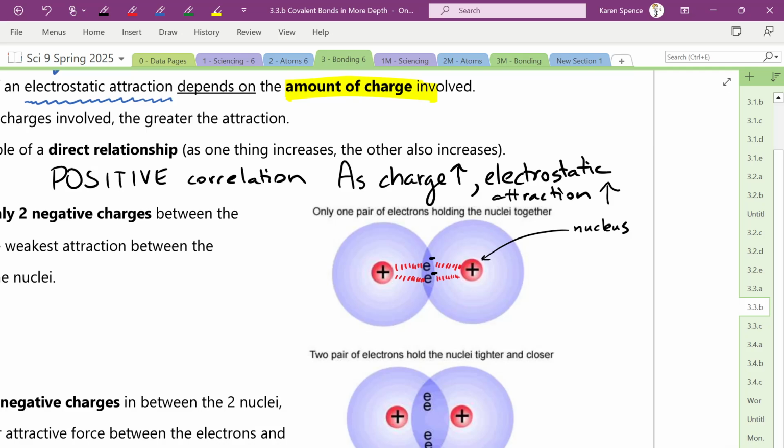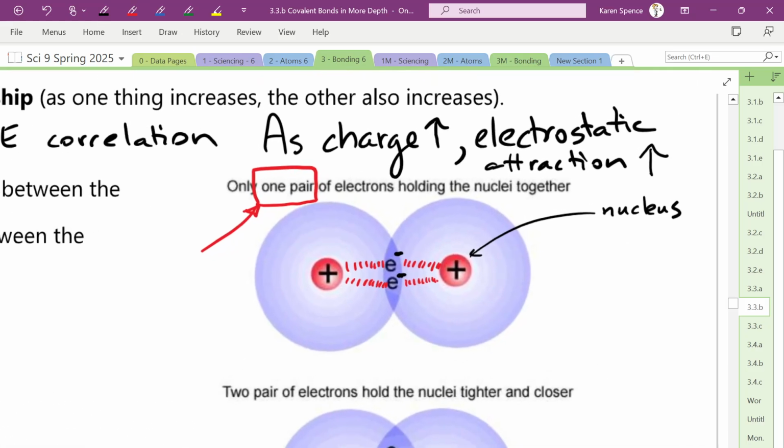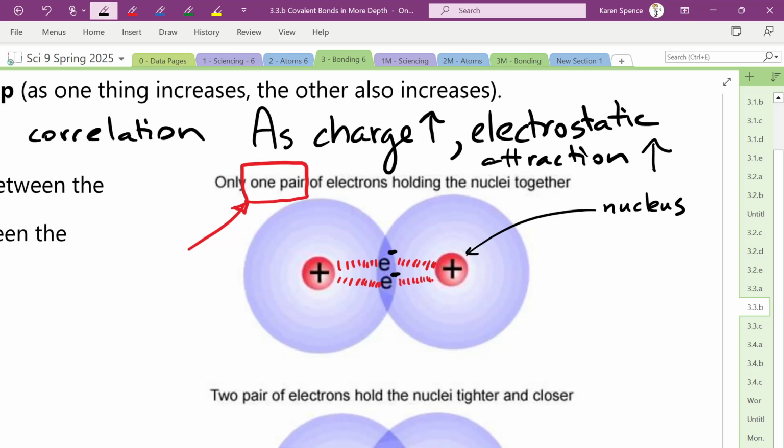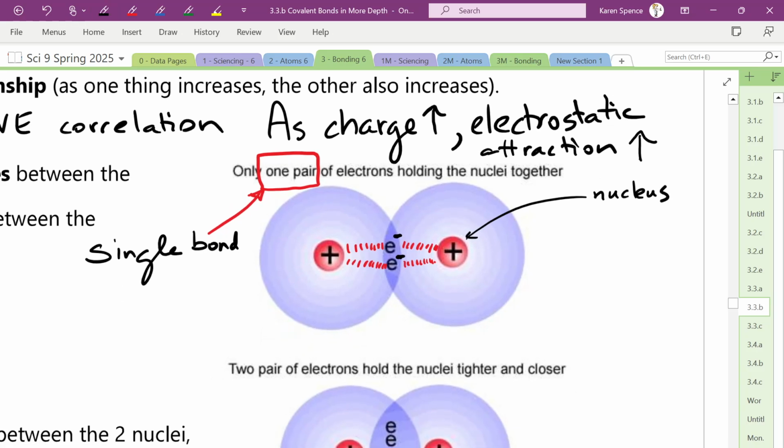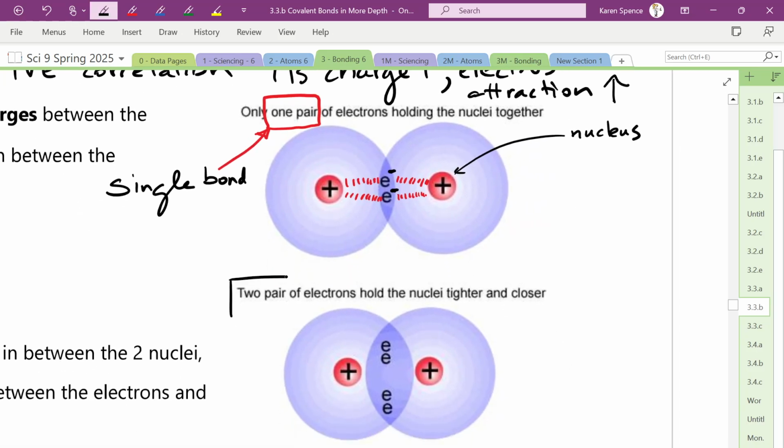Now, by the way, if we have one pair of electrons, what type of bond do we call that? One pair of electrons is a single bond. Here we have two pairs of electrons, which means that we have what kind of bond?